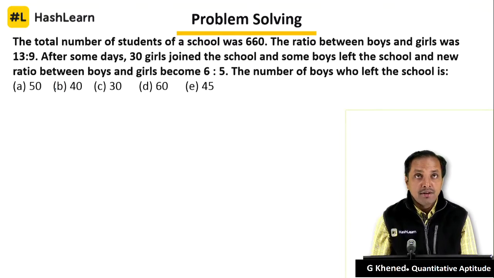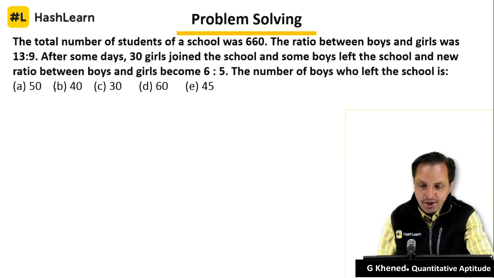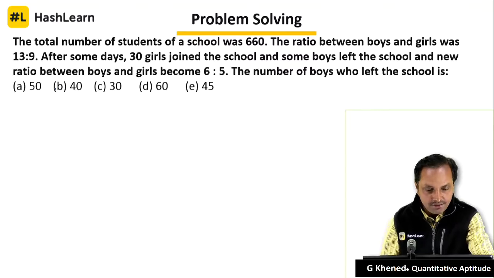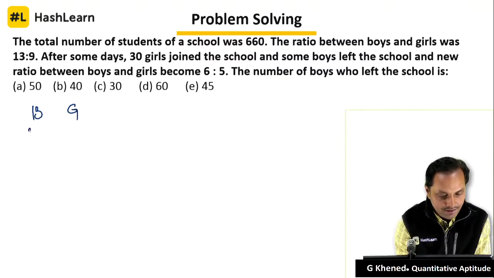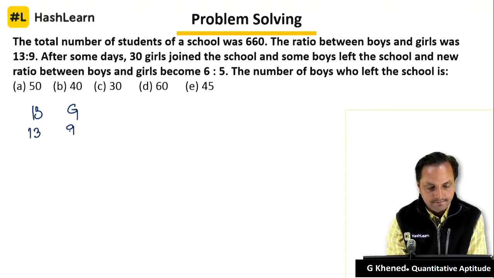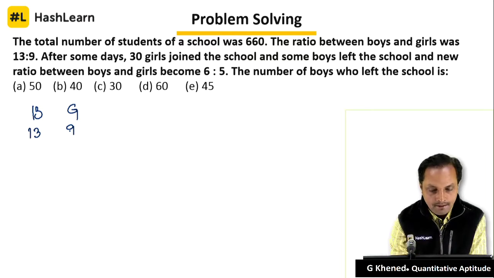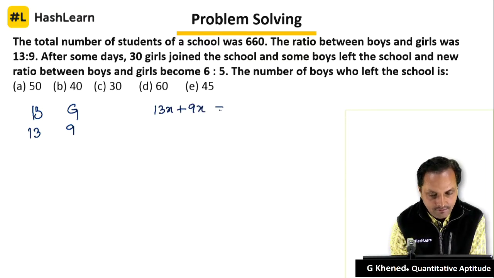The total number of students of a school was 660. Okay. The ratio between the boys and girls, let me take initially boys and girls. The ratio is 13:9, means 13x plus 9x will give you 660.